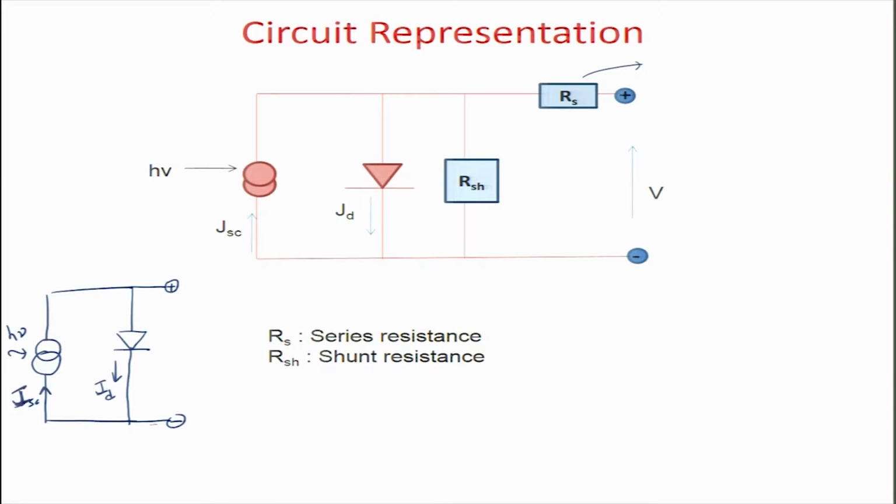Shunt resistance on the other hand corresponds to mechanisms which lead to leakage of charge. The electrons and holes on the way get leaked out or get lost in some other processes. This is represented by what we call shunt resistance. These two parameters are of extreme importance in solar cells. We will see the effect of these two on solar cell devices.